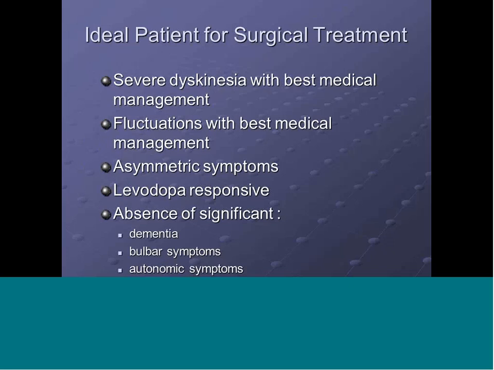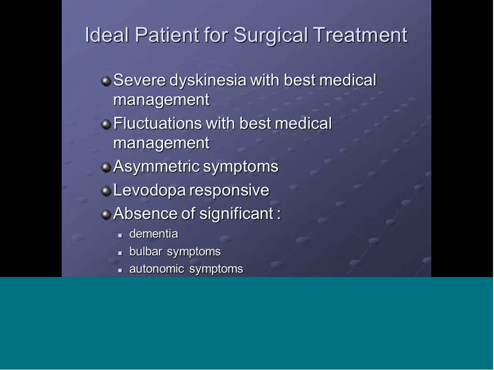The best patients will be those with severe dyskinesia requiring a lot of dopaminergic medicines, and fluctuations despite best medical management. They should have symmetric symptoms, which are typically seen in typical Parkinson's disease. They should be levodopa responsive, because whatever responsiveness they have with levodopa, that is the benefit they will get from surgery as well.